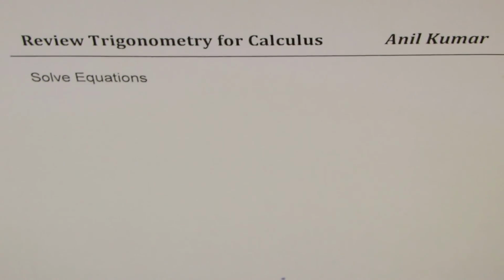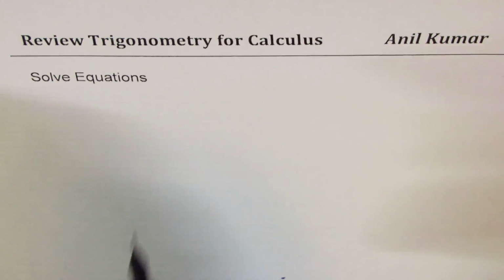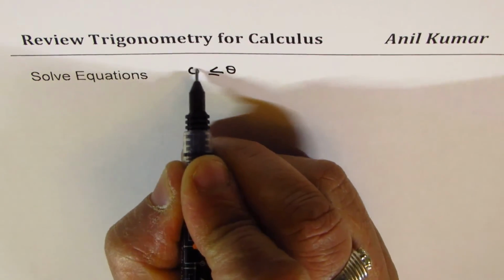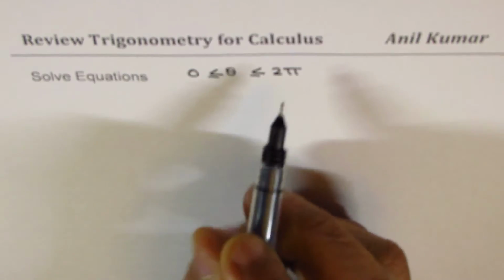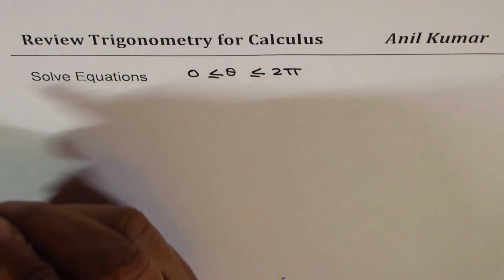Now let us try to understand how to solve trigonometric equations. We'll take simple equations and we'll take the domain of theta to be from 0 to 2 pi, right? So for all our calculations, as soon as I write 2 pi here, it should be clear that we are working in radians, correct? So let's take a few equations.